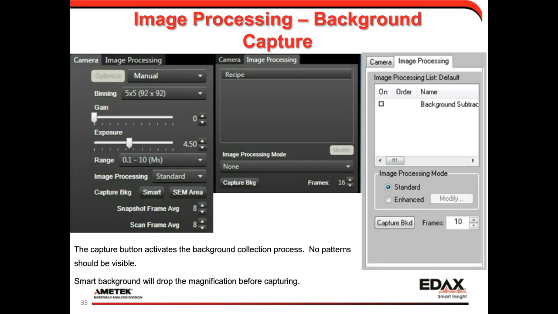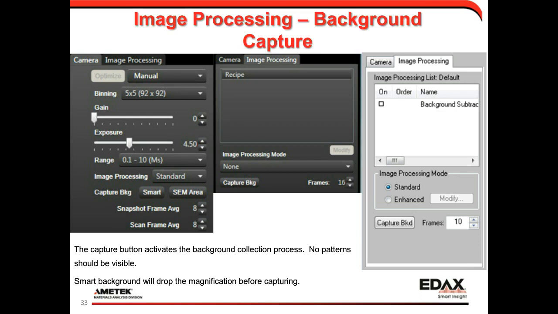How do I capture the background? There's a couple of different ways to do this. We have both what's called the smart background and the SEM background. They do essentially the same things, but in different ways. The smart background is what actually zooms you out by that factor of 4, takes the background and puts your magnification back where it was.